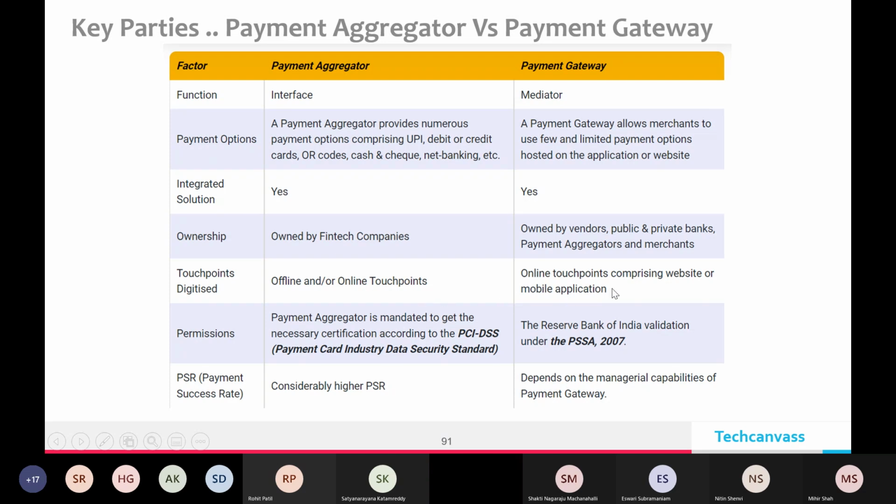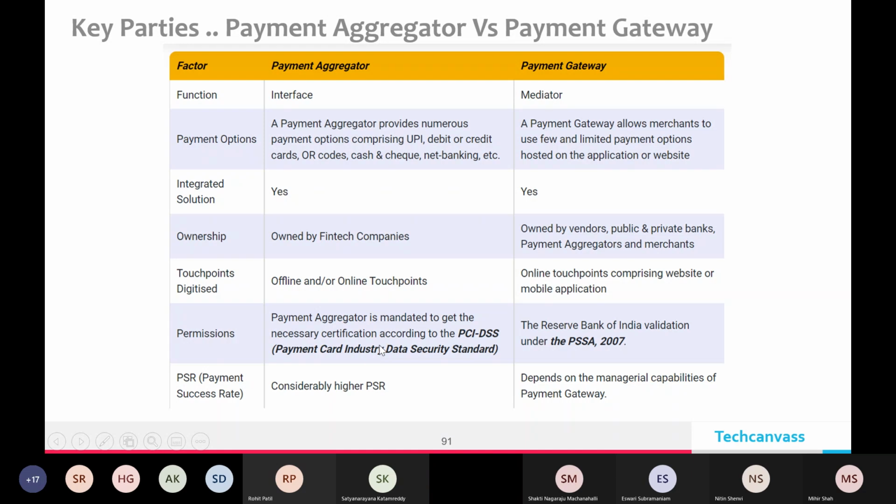Whereas payment gateways do only online touch points, comprising a website or mobile application. On the permission side, a payment aggregator is mandated to get the necessary certification according to the PCI DSS standard, whereas these follow the local regulation, the PSSC standard in India.